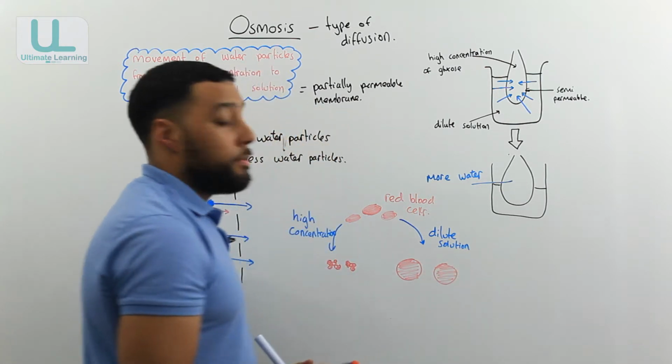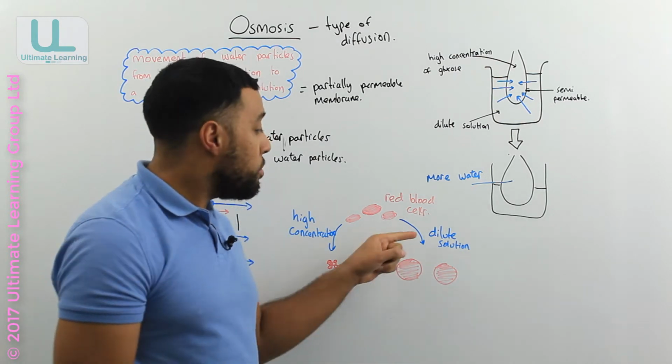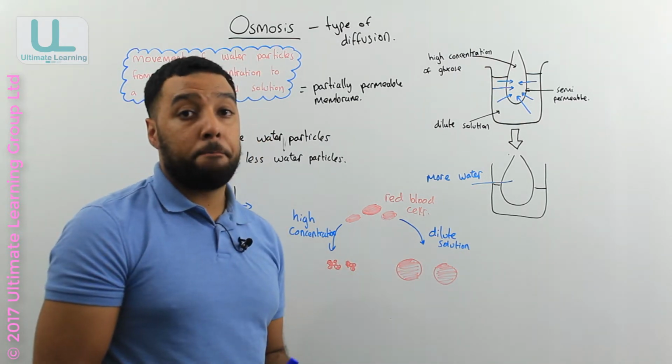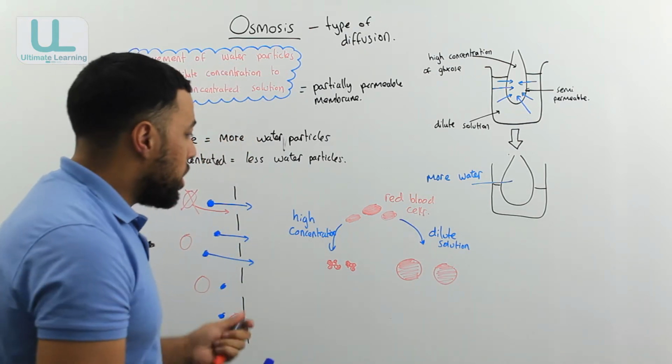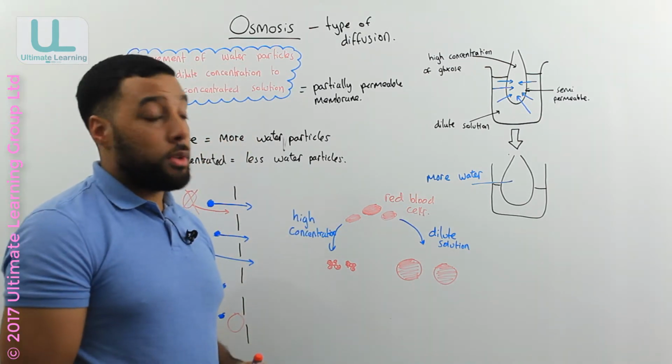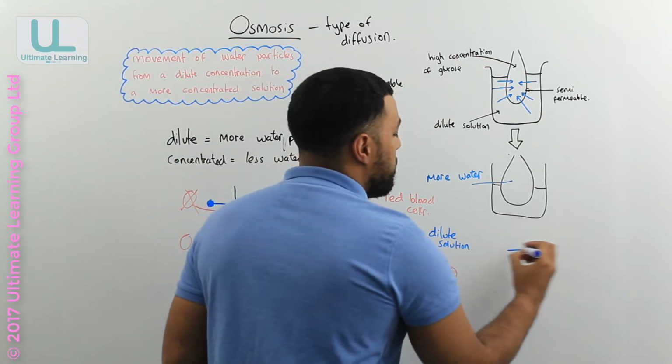Now eventually, these red blood cells could eventually burst if too much water moves inside, which again is dangerous for our cells.